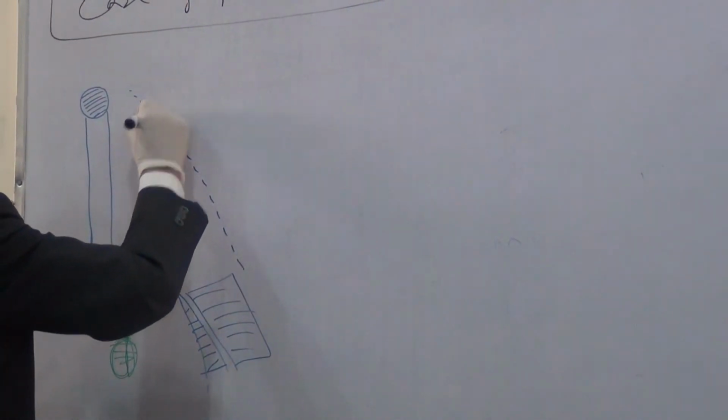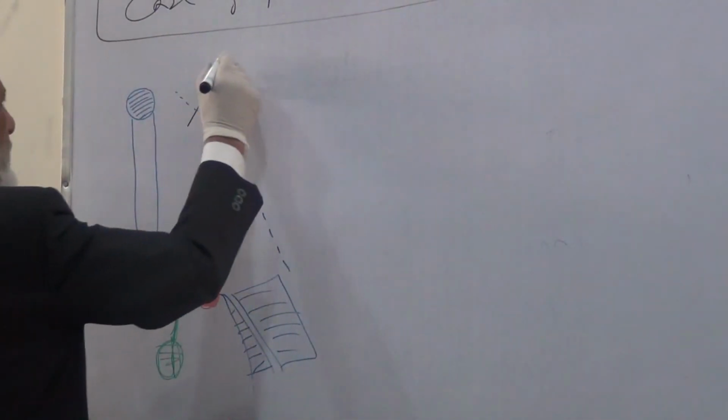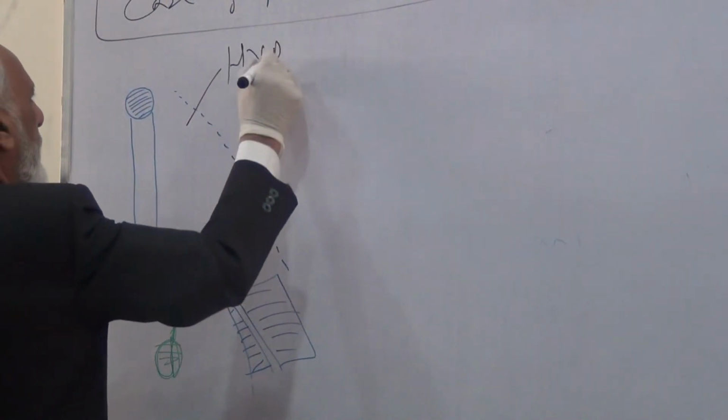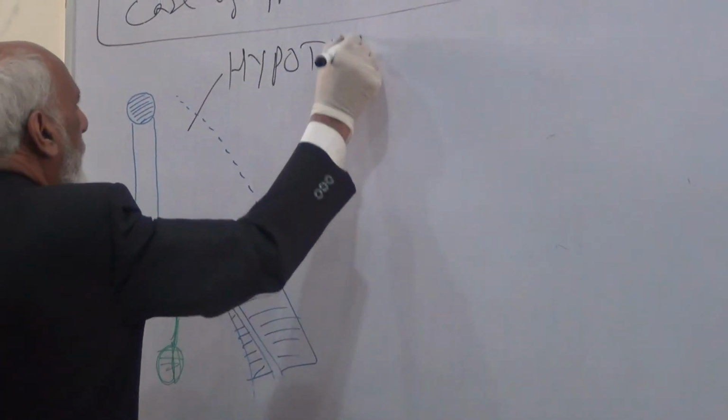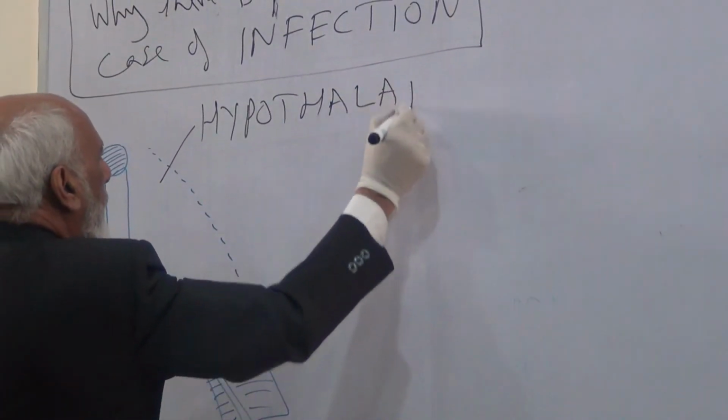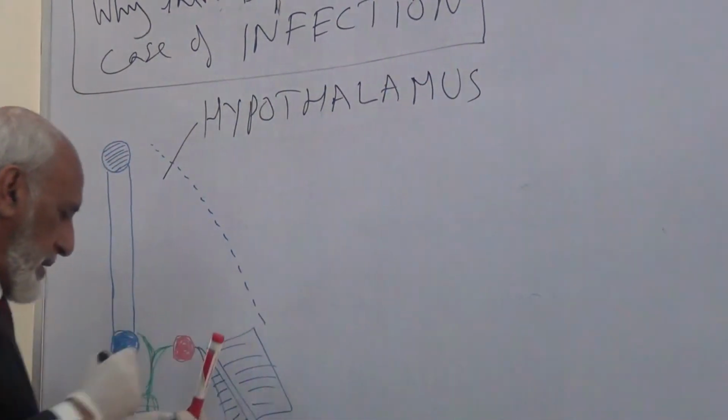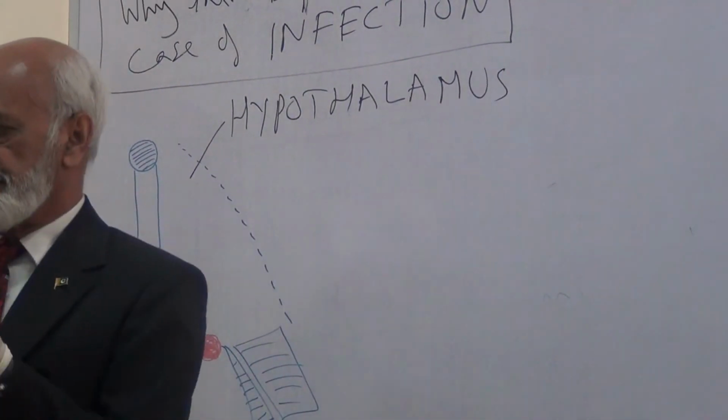And in the inferior part of the lateral wall is the third ventricle. The hypothalamus.